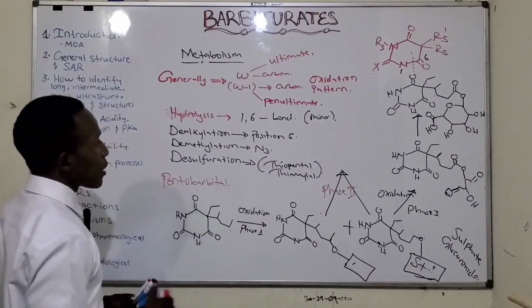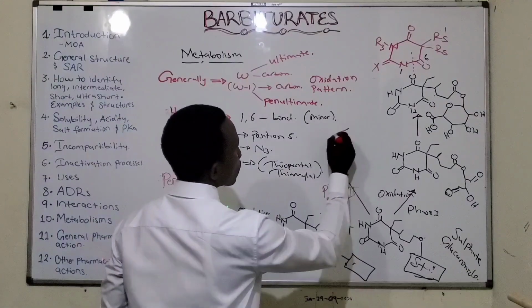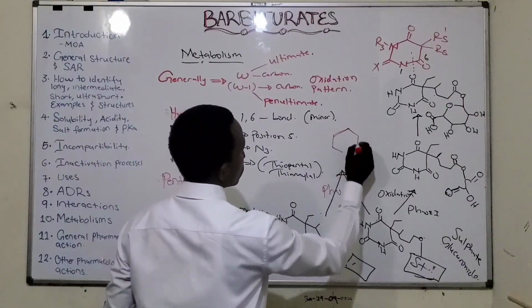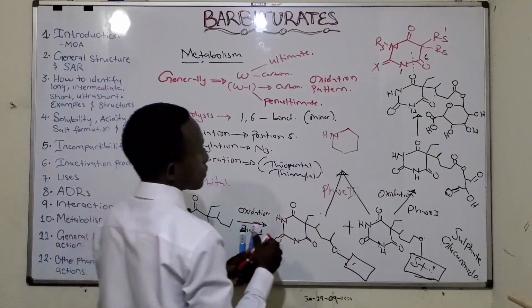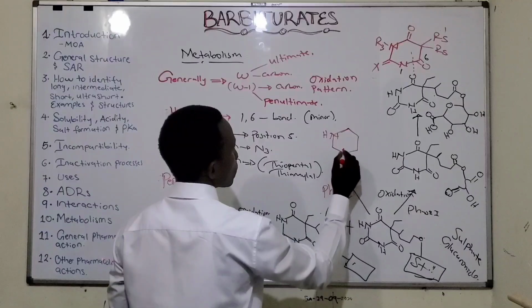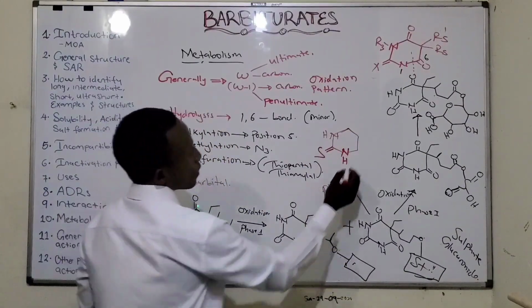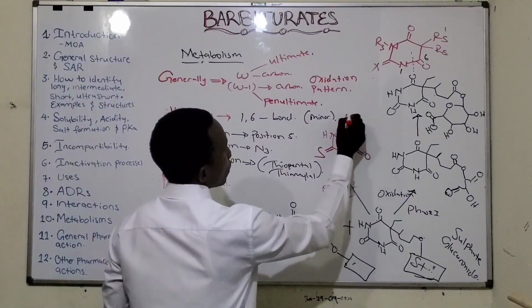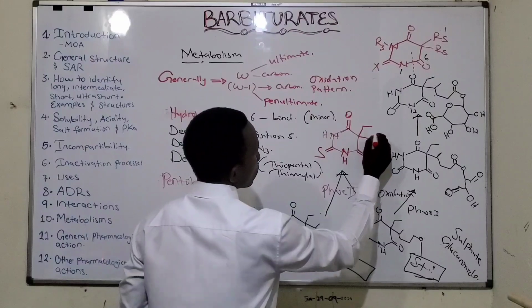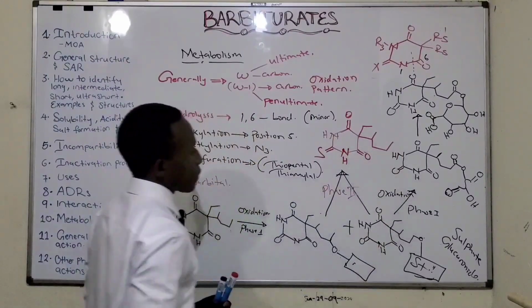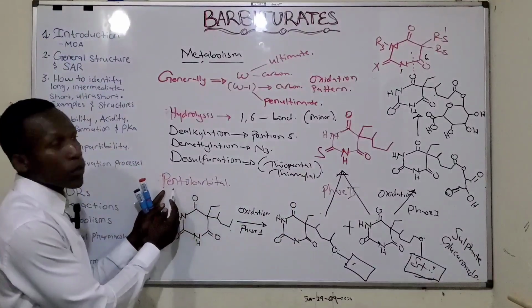Let's have another example. This is the structure of thiopental. Here there is a sulfur, and here O. Remember, thiopental is from pentobarbital.